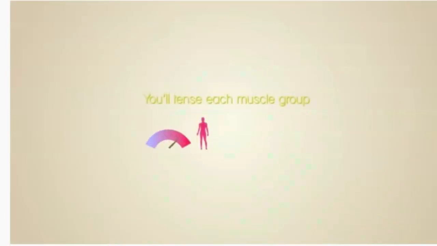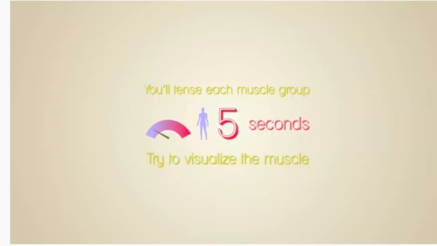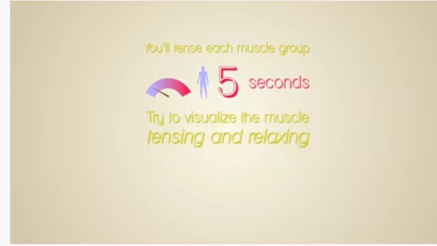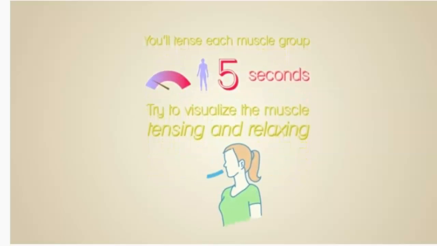Here's how it works. Tense each muscle group. Hold the tension for 5 seconds. Release the tension. Feel the muscle relax. Try to visualize the muscle tensing and relaxing. Remember to keep breathing deeply through the exercise. Try to focus hard on each step. If your mind begins to wander, bring it back to the muscle you are working on.